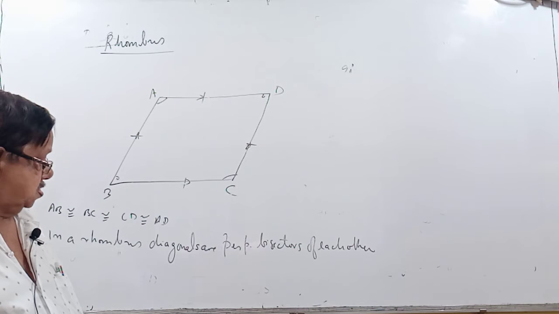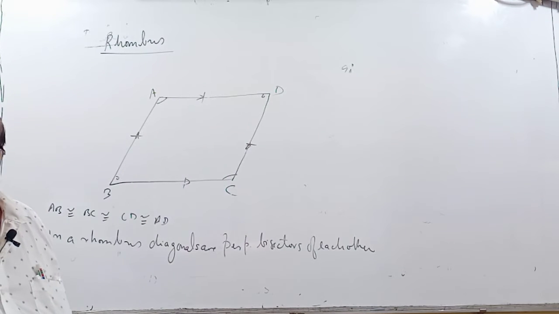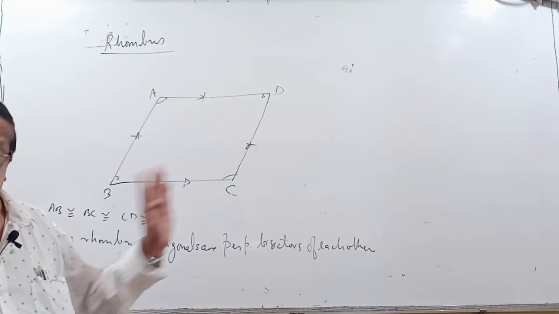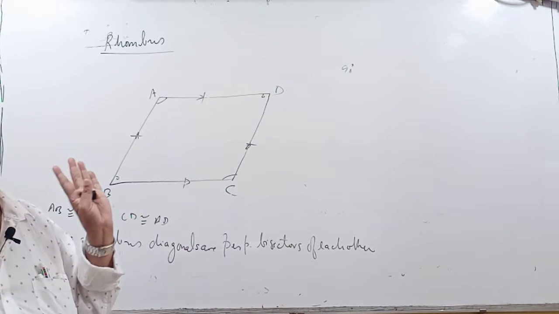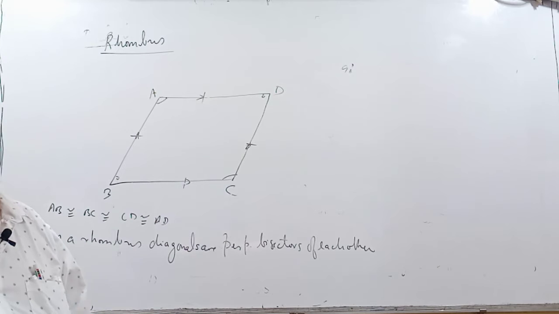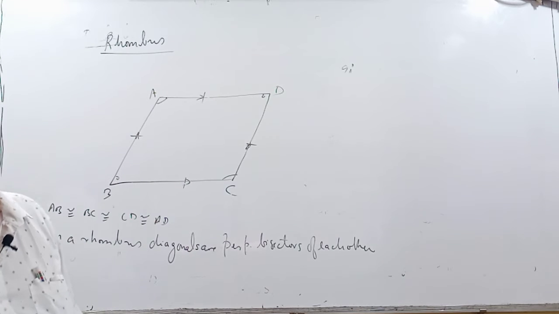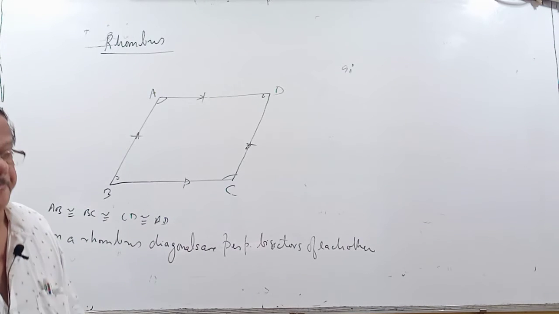In a rhombus, diagonals are perpendicular bisectors of each other. These are specialities of the rhombus and square. Only in a rhombus and square, diagonals are perpendicular bisectors of each other.